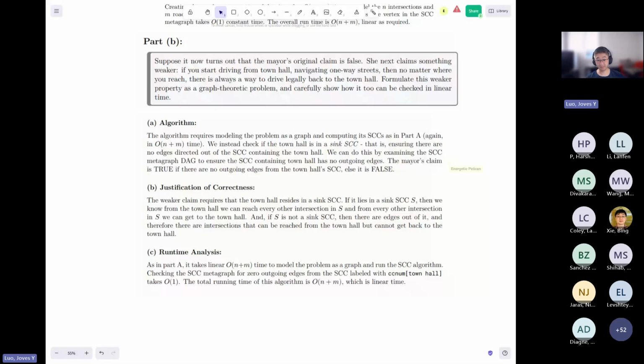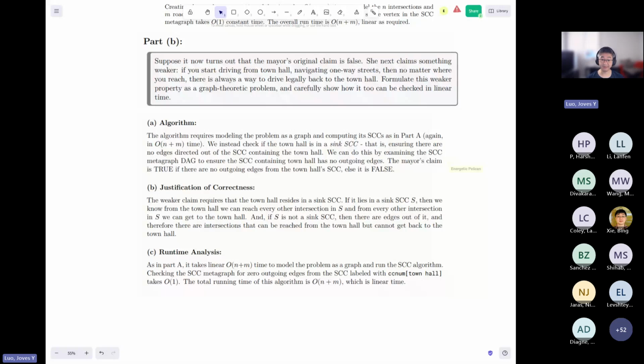The other way to do this is that if you were to take your town hall and run BFS on your town hall, and you check every single vertex that your town hall can reach, and it has the same CC num as your town hall, then that too is correct to make the claim.